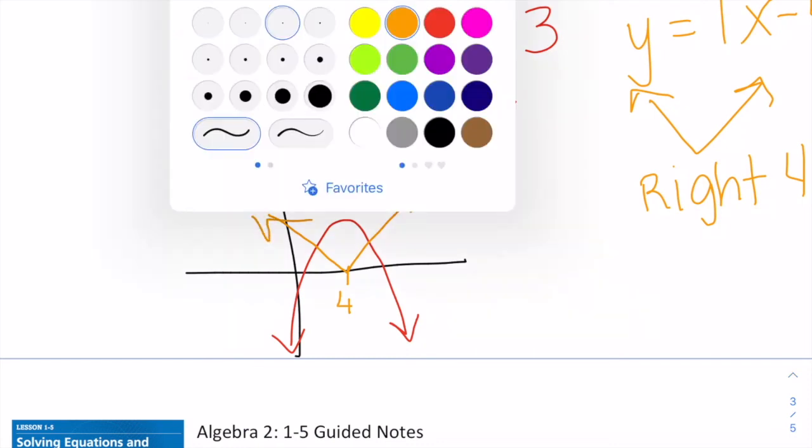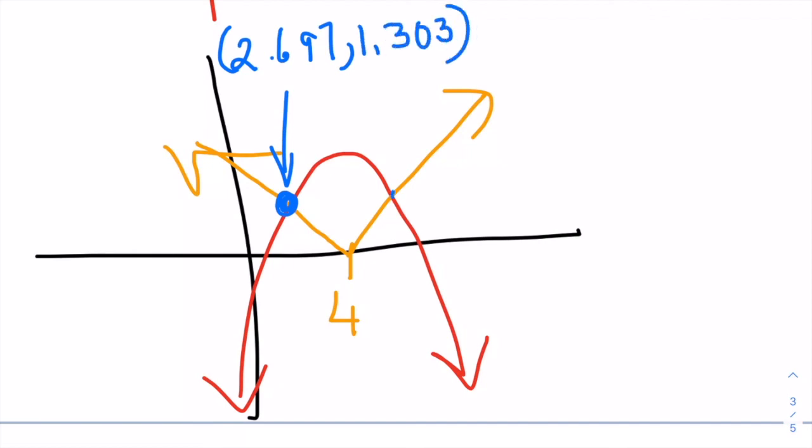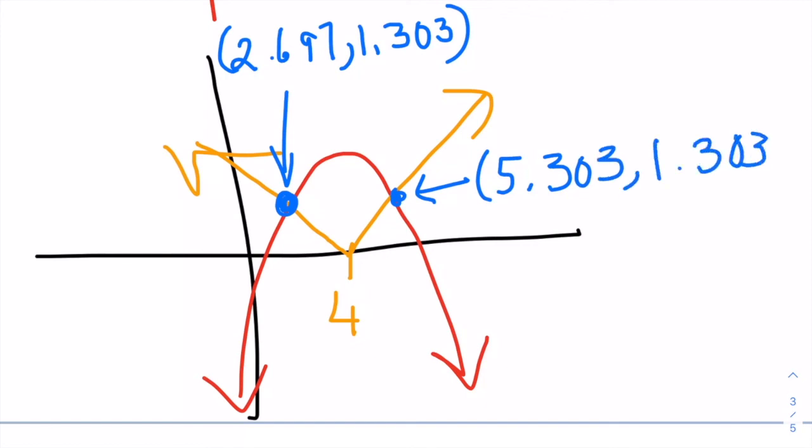So this point, I'm going to put a little bit up here. That was 2.697, 1.303, and then this point was 5.303, 1.303. So our answer is just the x.